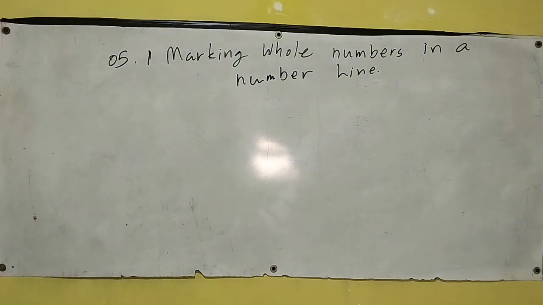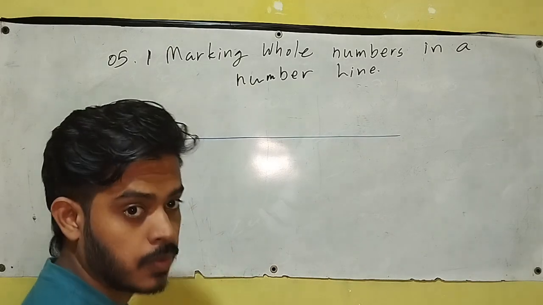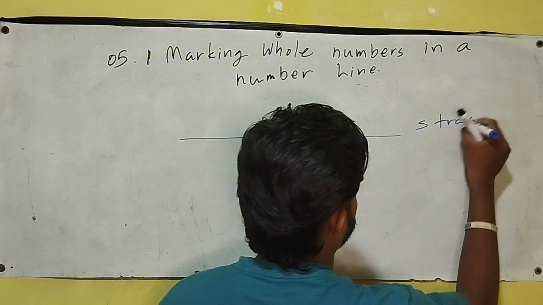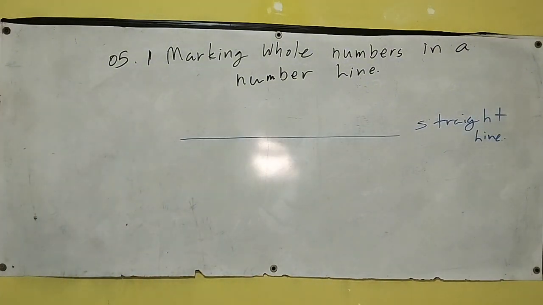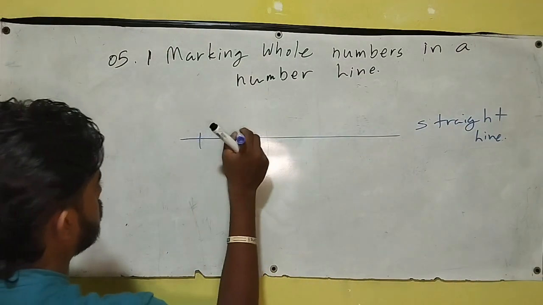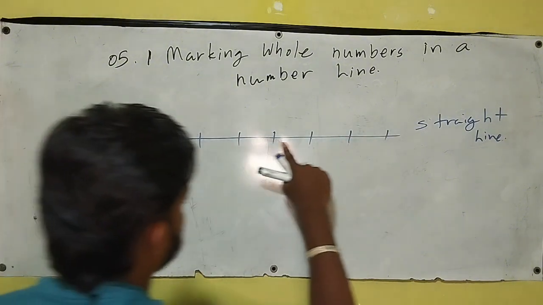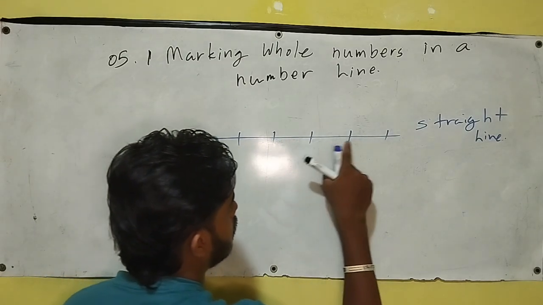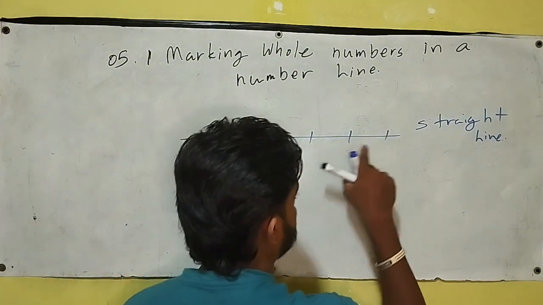Very firstly, you have to draw a straight line using a ruler. Then what is the next step? Mark some points, leaving gaps, and remember that these gaps are equal in each.